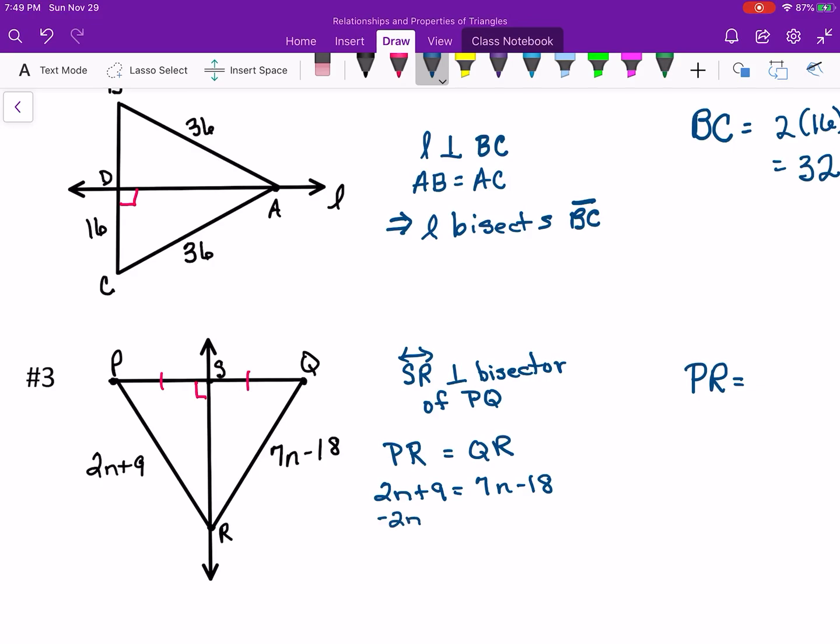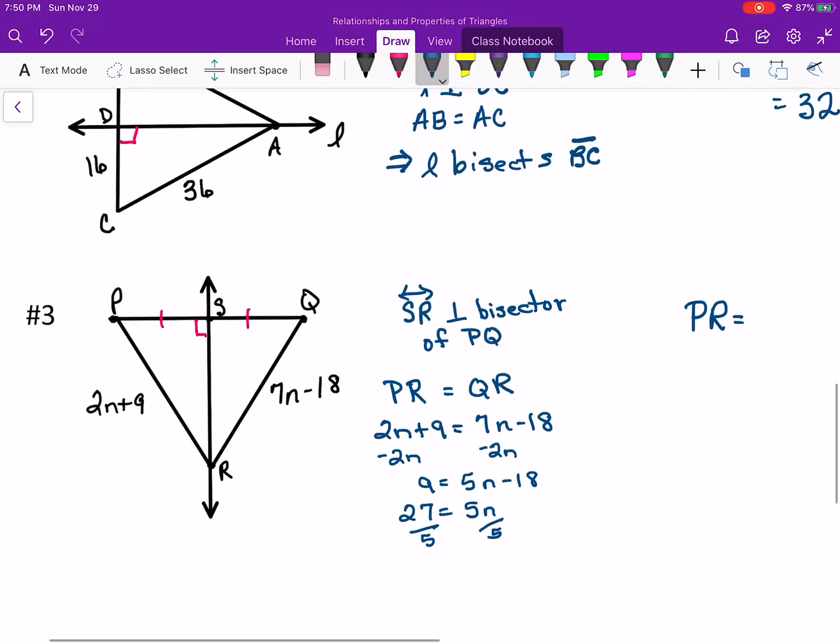I'm going to subtract the 2n from both sides of that equation. We get 9 equals 5n minus 18. If we add the 18 to both sides, I'll get 27 equals 5n. And then divide both sides by 5. This isn't going to come out even, so I could leave it as 27/5.